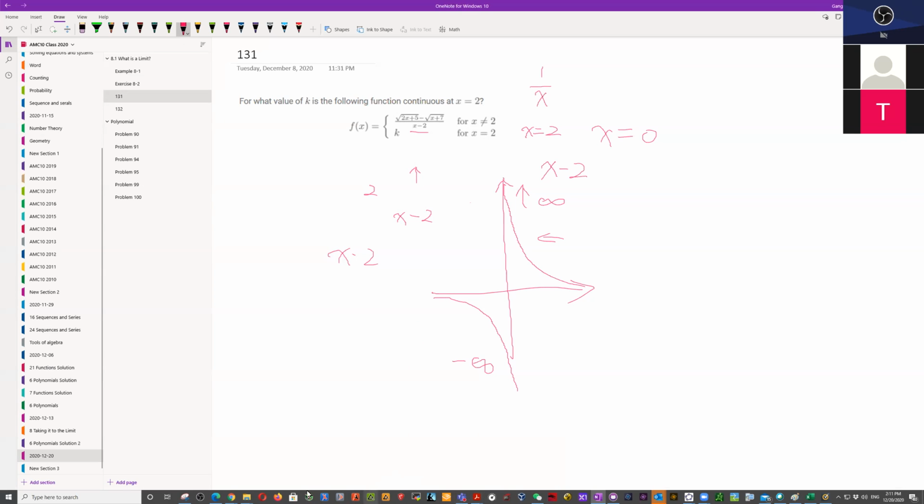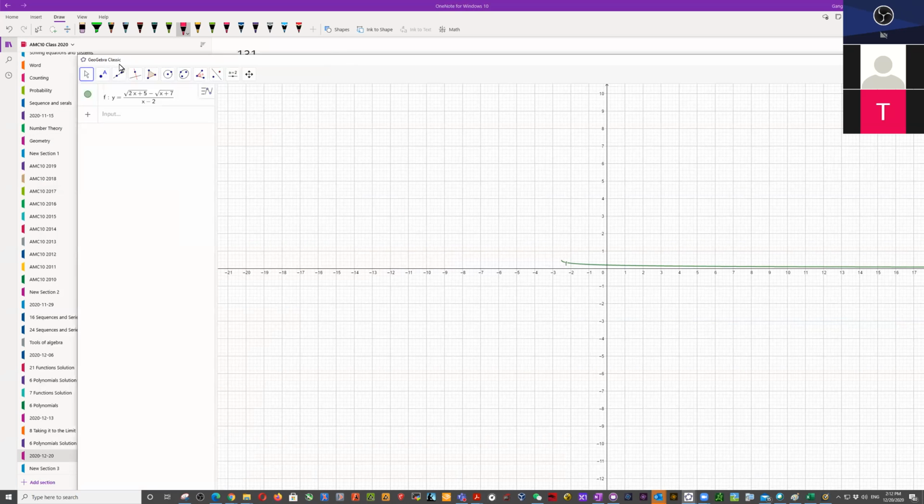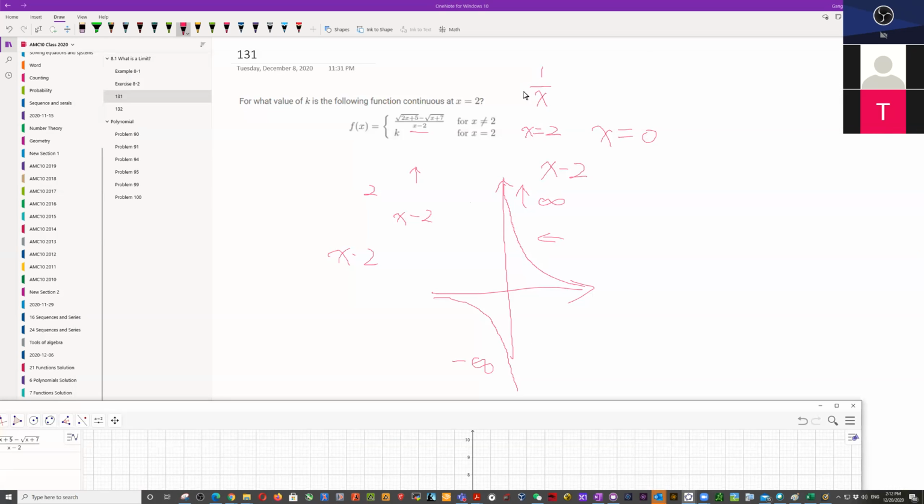You can easily verify it by drawing a graph. On the internet, I use GeoGebra, and you can type in the expression and see if it has a singularity. If it is a legit singularity, it will show up like this.